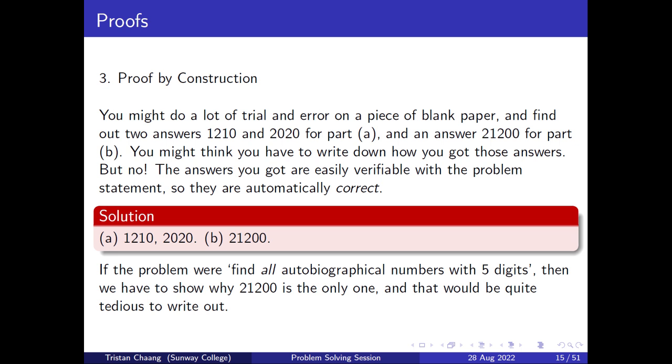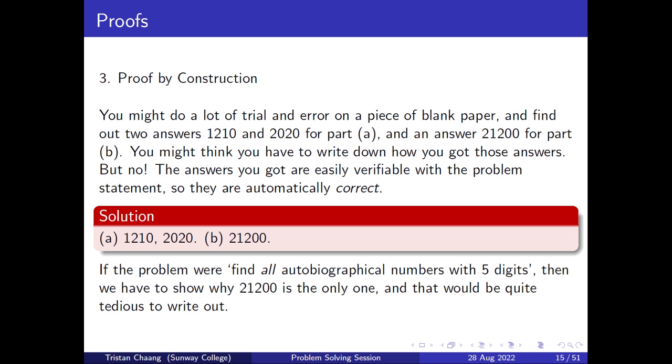But for Olympiad, it's all about proofs, right? You want to prove that your result is true. However, is it really necessary that we have to write down how we got to 1210 and 2020? Because if I write down 1210 and 2020 for someone, they can just verify that they are autobiographical numbers, right?